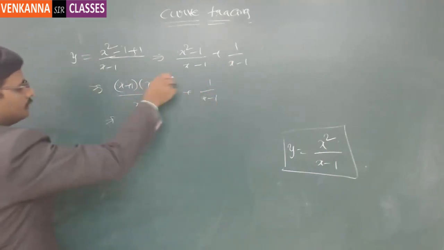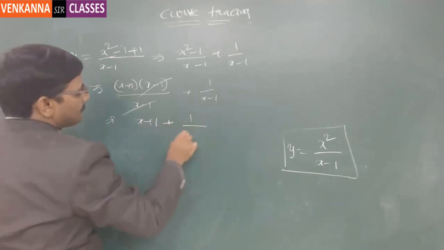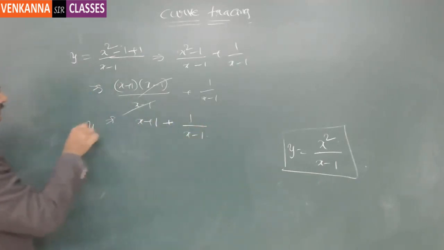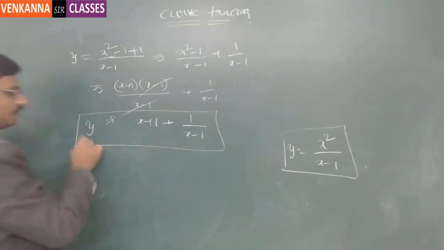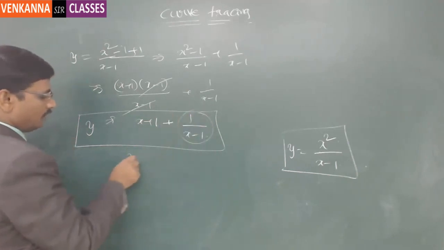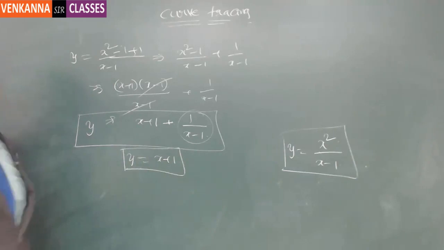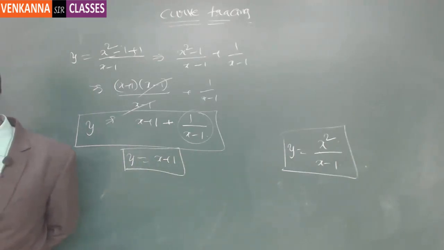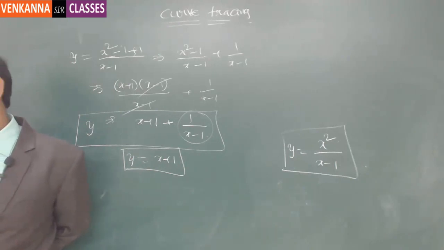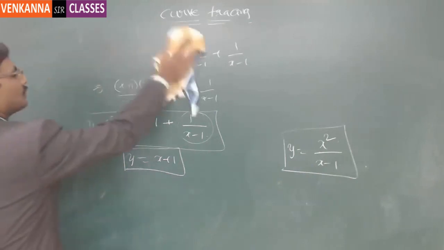These two will cancel, giving x plus 1 plus 1 by x minus 1. So this is y, and this is the actual curve in a simpler format. As x tends to infinite, this part will become 0 and y will become x plus 1. So this is the binding curve. Got it? So this is how you will be identifying the asymptotes of the equation. Got it?